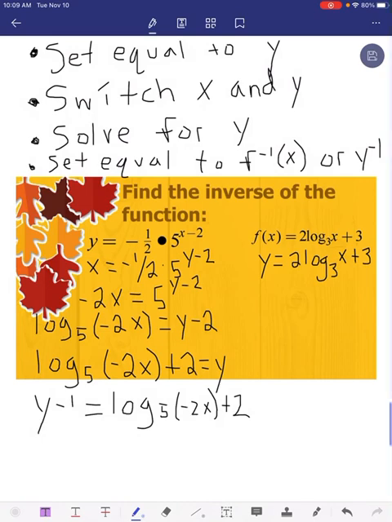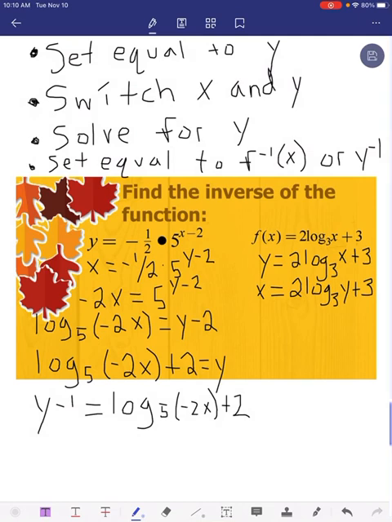And again, just like before, when we wanted to rewrite it in logarithmic form, we needed our base to be by itself. In this case, we're going to need our log to be by itself whenever we start solving. So we're going to switch our x and our y.